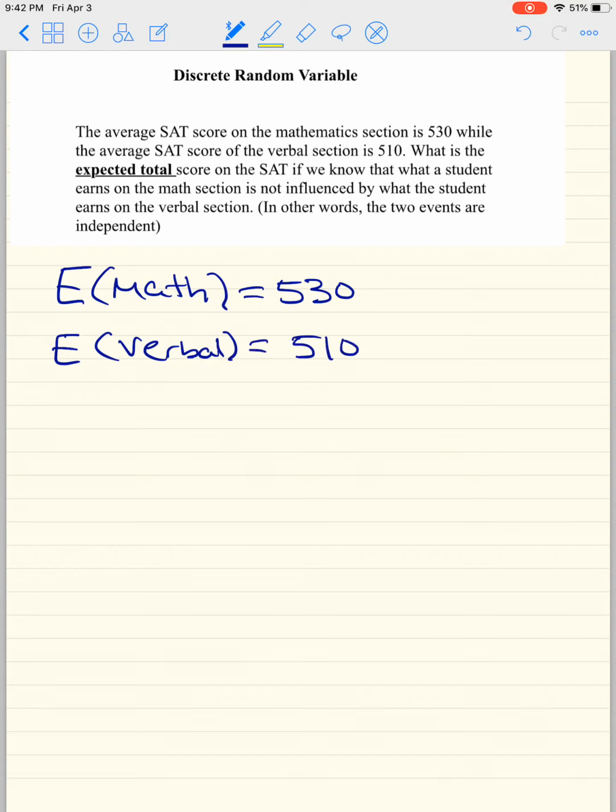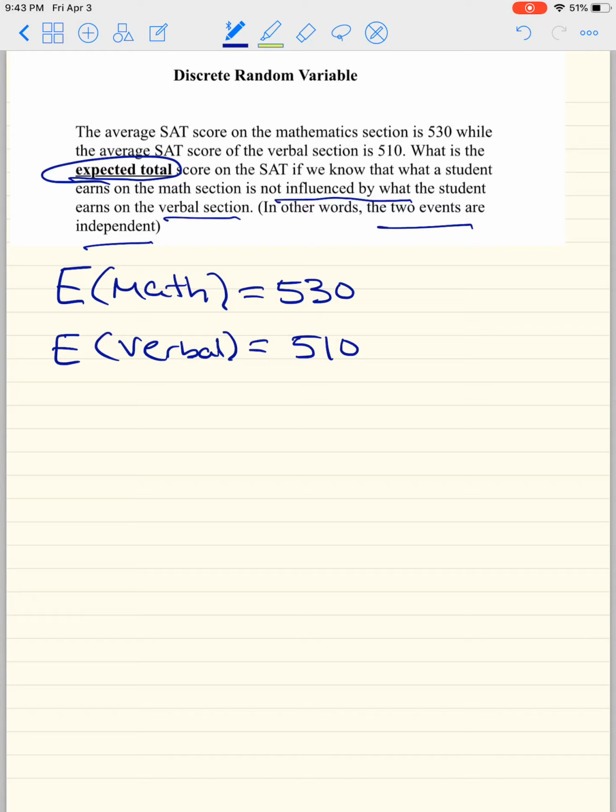Well, if you decide to take the SATs, and we know that this is the average for the math section and the verbal section, then what's the expected total score on the SAT? If we know that what a student earns on the math section is not influenced by what the student will earn on the verbal section. In other words, these two events are independent.